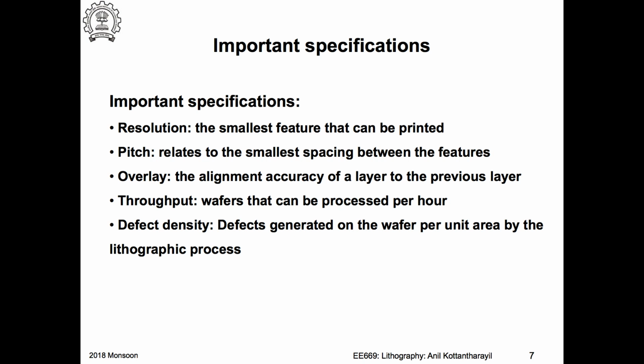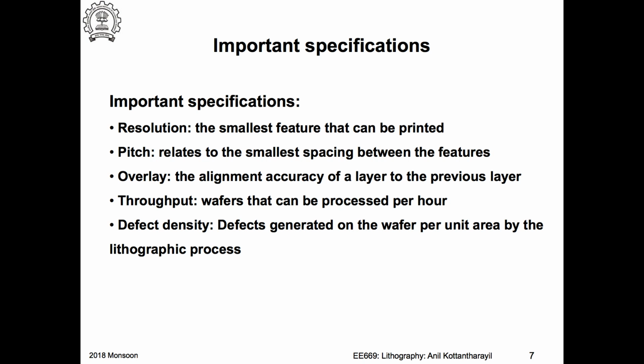Is it the smallest feature that I can get from my optical system or on my wafer? Because if I am talking about the optical system, the resist is not in the picture. But when I talk about the feature on my wafer, then the resist is very important. So when you talk about lithography, you need to learn about both things.